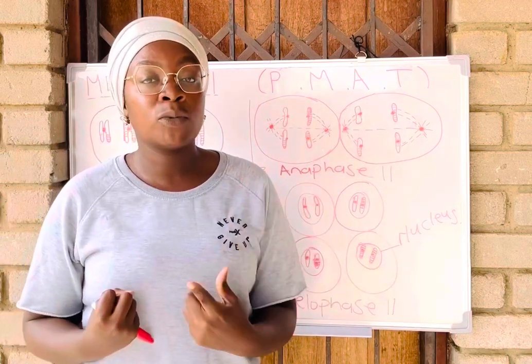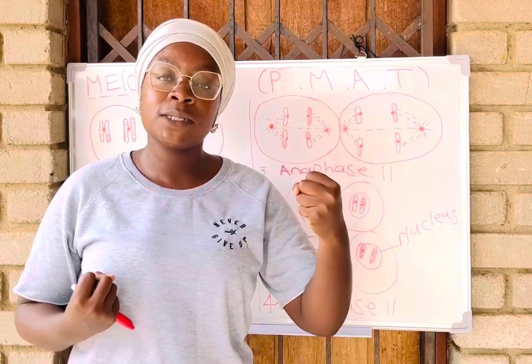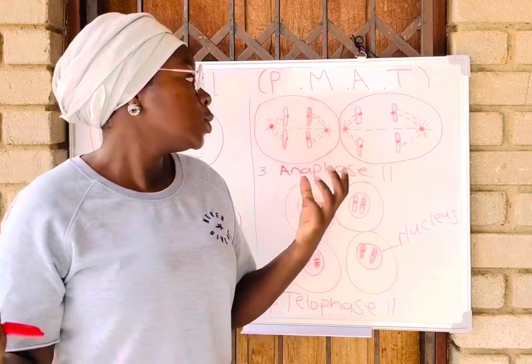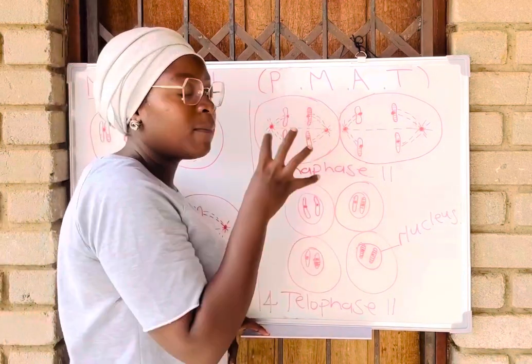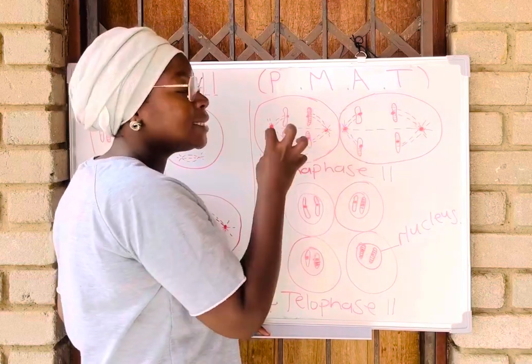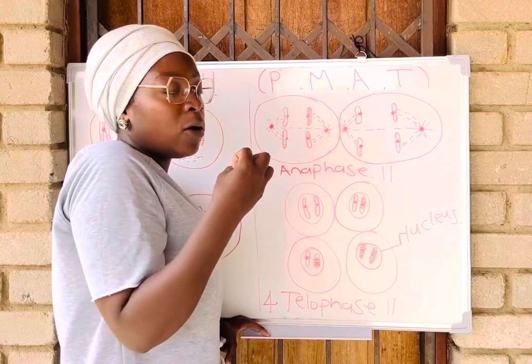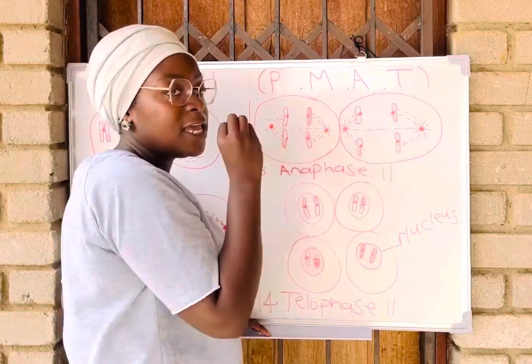And remember, a chromosome is made up of two chromatids. So one chromatid will go to the left, the other chromatid will go to the right pole. So this is what is happening. The same thing that happens in cell 1 is going to happen in cell 2. The chromatids now, not the chromosomes, are being pulled towards the opposite pole so that we can get our division. The same thing happens here.